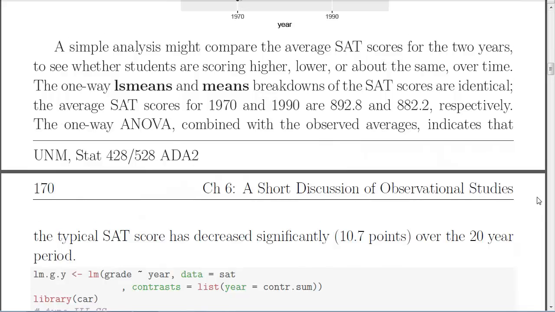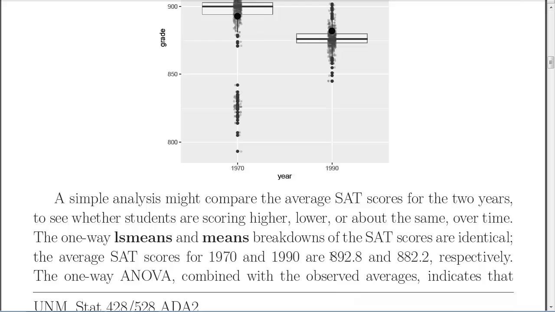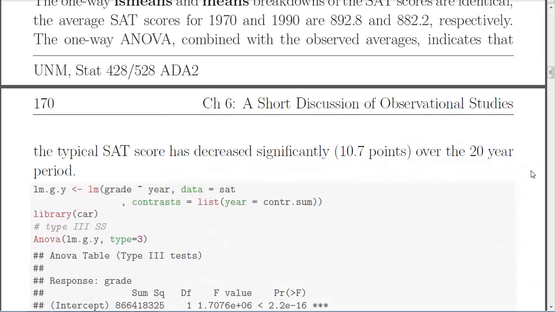Okay, so as I mentioned, here's some numbers. The SAT scores differ by about 10 points, and they decrease over that period of time. So that would be the conclusion.